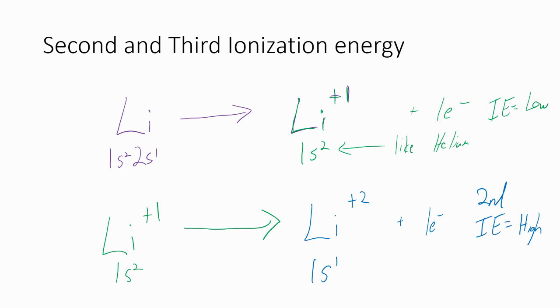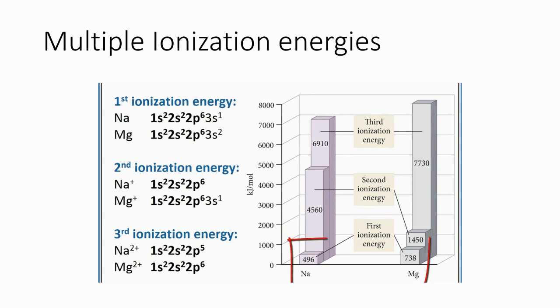And so what you can see here is that sodium to start has a lower first ionization energy than magnesium, because sodium is going to be losing this 3s1, and that's the only electron. It's highly shielded from the nucleus by the 1s2, 2s2, 2p6, and so it is not unhappy to get rid of it.